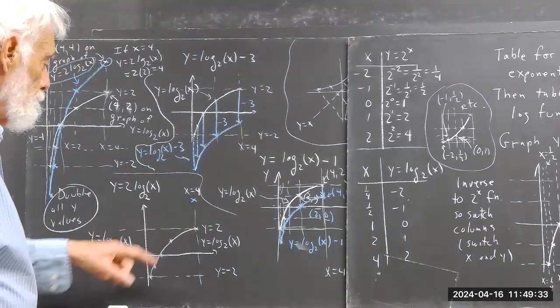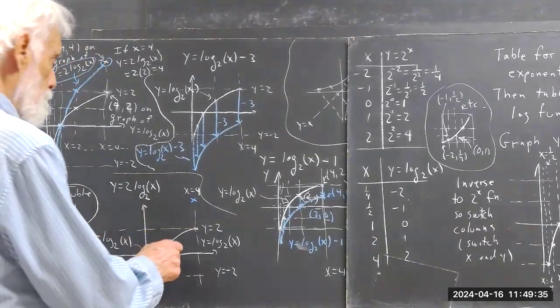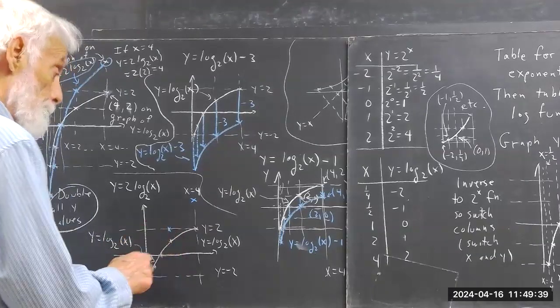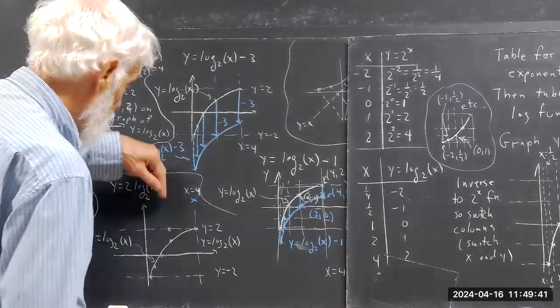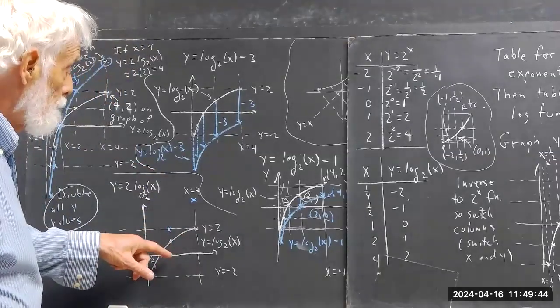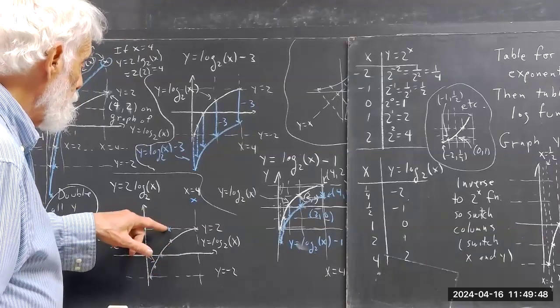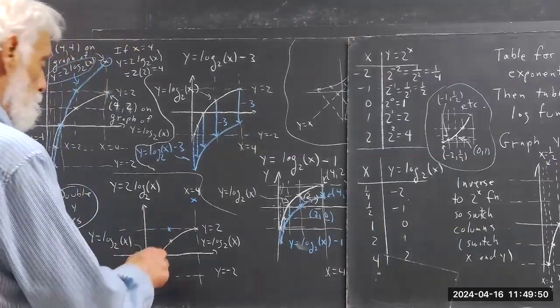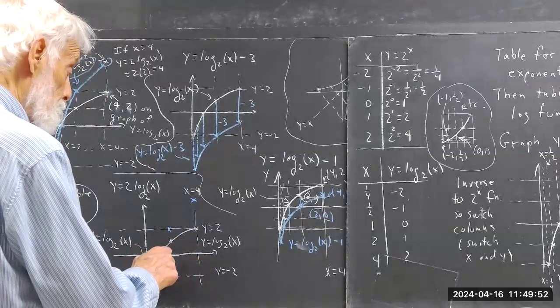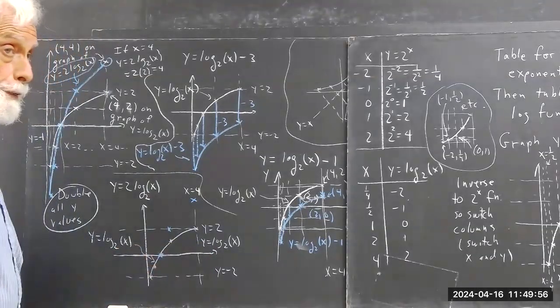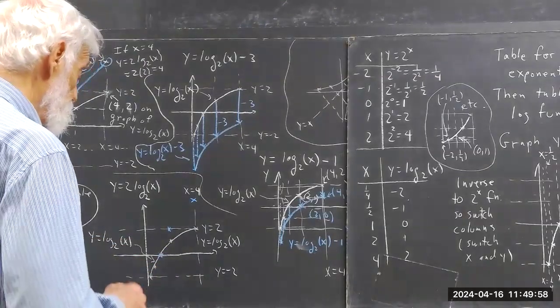Here, the y value is 1. If we double the y value, we get 2. Same x value. x is 2 here. Log base 2 of 2 is 1. If we double that, we get 2. This point, x value is 1, y value is 0. If you double zero, you get zero, the y value is still zero.